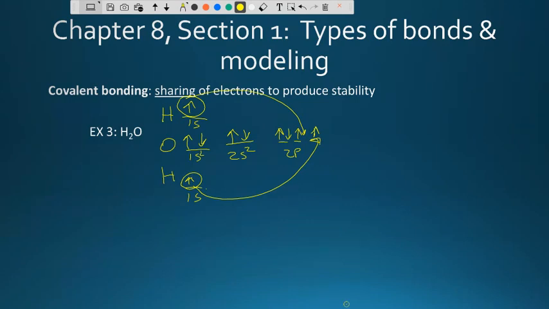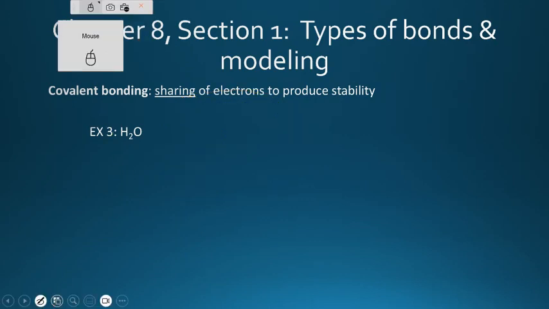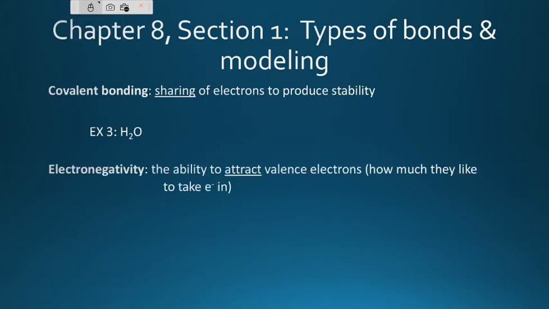But it doesn't just stay there. What ends up happening then is to make this 1s also compliant, this electron is also going to at times go back over here, and this electron is going to go also here. So it's not just totally giving it up, they are sharing them back and forth to produce that stability. Okay, so that's what's going on just visually within those compounds of water.